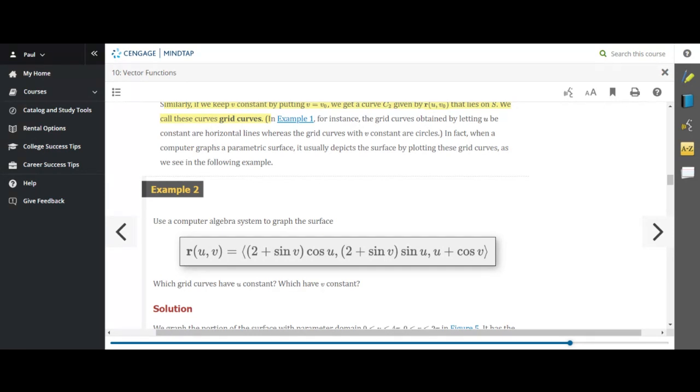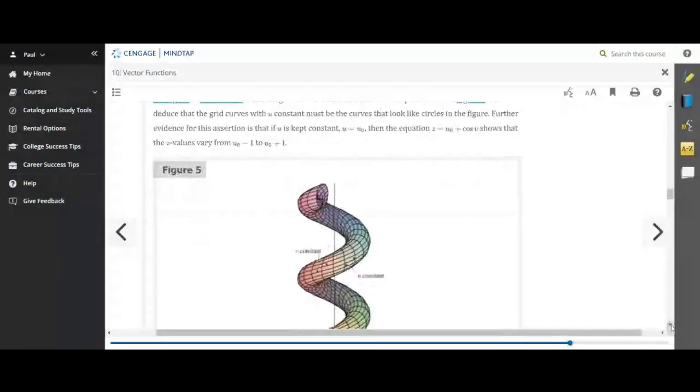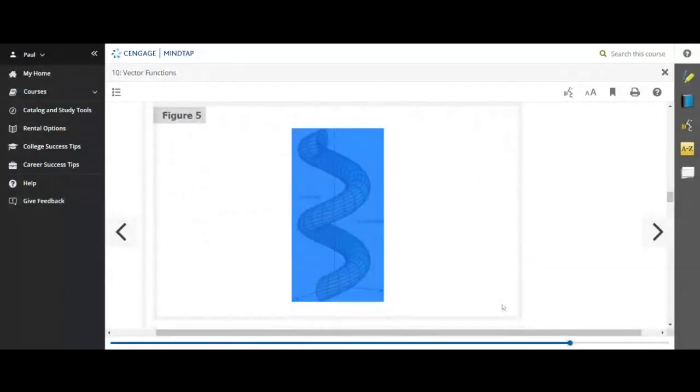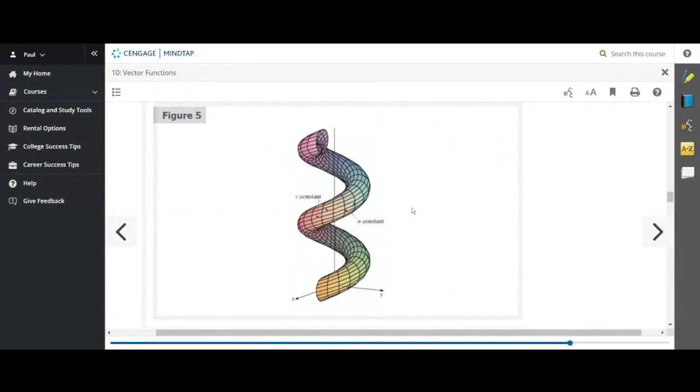And in this particular example, if we set v constant, we're going to get a helix. And so like you see there in figure 5, when v takes on different constants, you see the v constant with the 2 arrows.